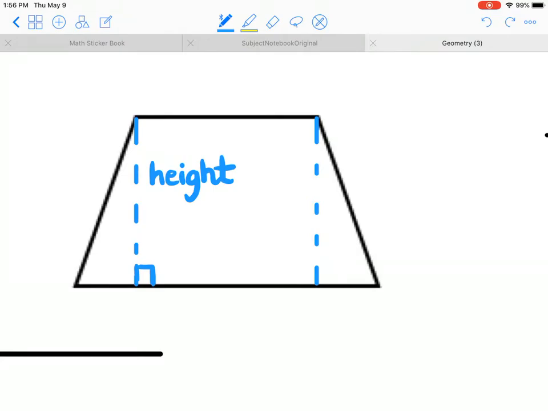So height for the trapezoid is this imaginary line in the middle. And it connects one base to the other base. Remember, a trapezoid has 2 bases, and we're going to call this one base 1 and base 2. You could do it the other way.